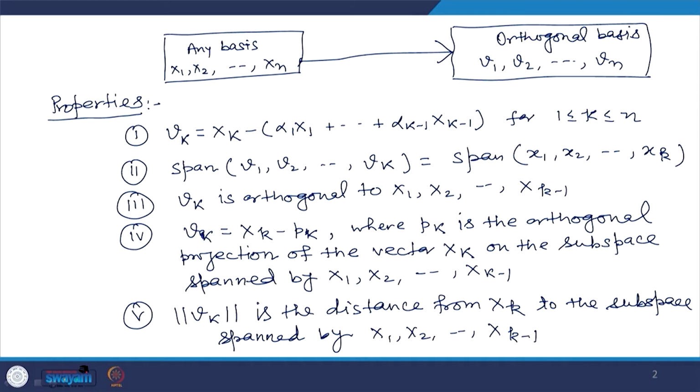So, we can make it in this way. So, these are some properties, very easy to remember and easily verified from the Gram-Schmidt process.